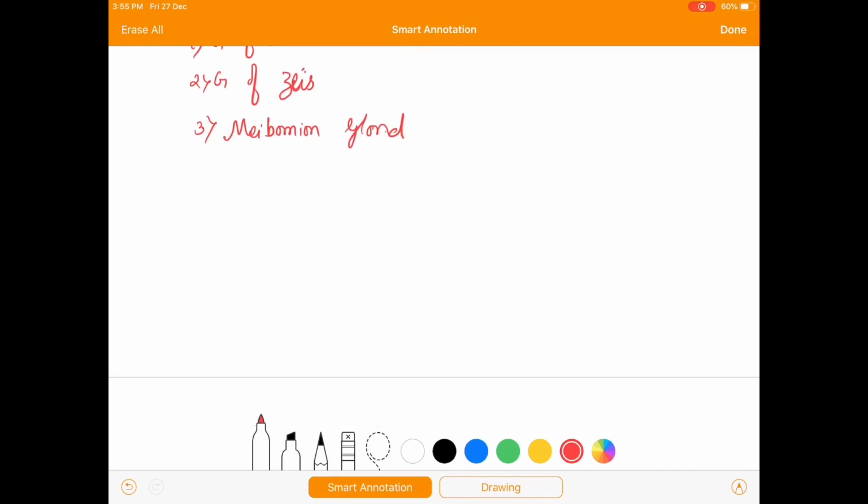Now we are left with the glands of conjunctiva or conjunctival glands. So glands of conjunctiva.